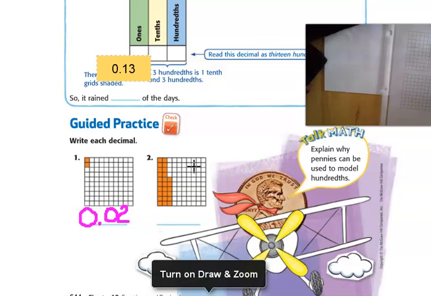This one I still have 0 whole boxes shaded, so 0 point. I see 2 bars that are shaded, so that would give me 2 tenths. And I see 1, 2, 3, 4, 5, 6 hundredths, so that would be 6 hundredths or 26 hundredths.